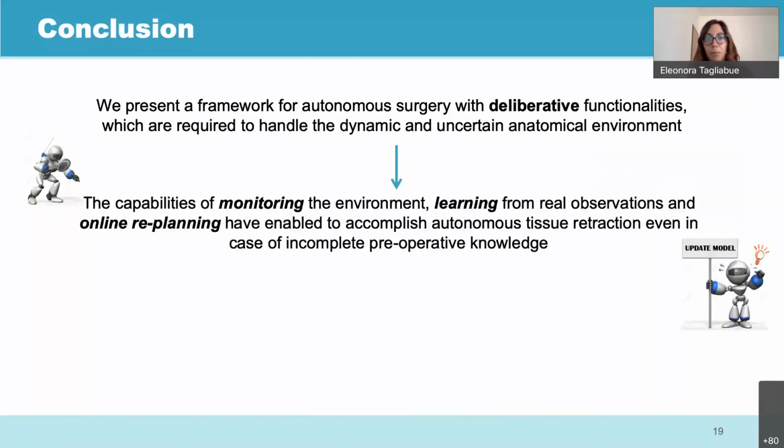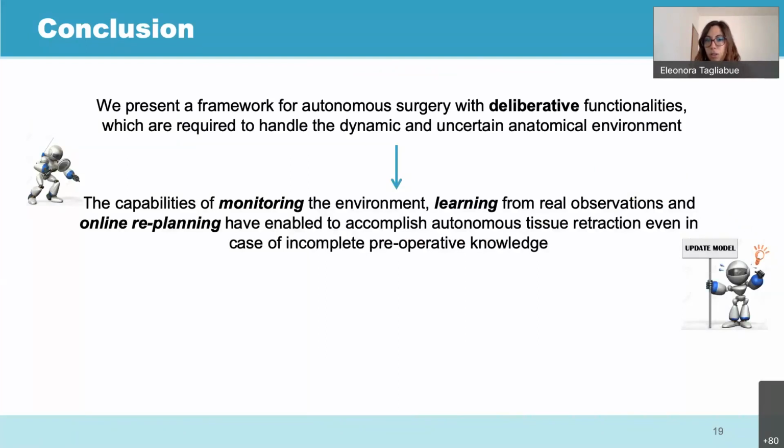To sum up, we have shown that deliberative functionalities are necessary to automate a surgical task in a deformable anatomical environment. The framework that I have presented is able to accomplish the tissue retraction task even when the parameterization of the simulation was imprecise.